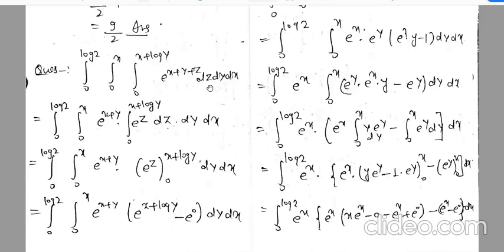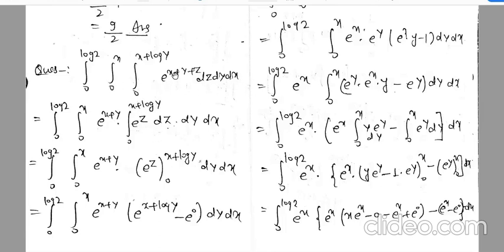So you can see that dz here means the inner integral is going with respect to z. So the limit of z is from 0 to x plus log y. That means z depends on x and y, y depends only on x, and x is a constant. So our order is right here.